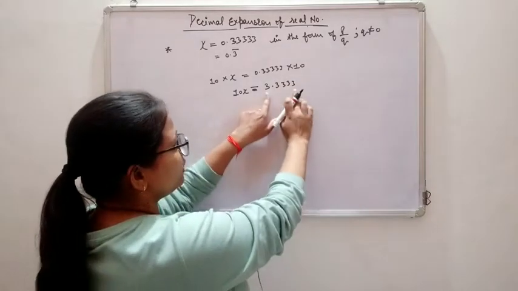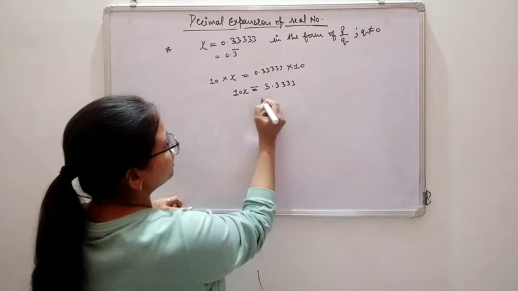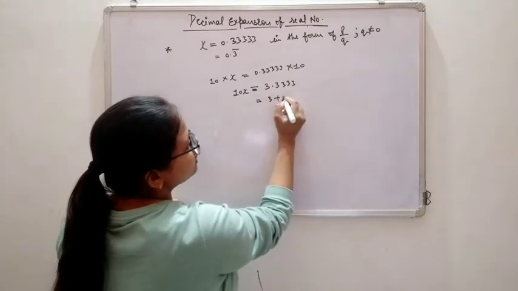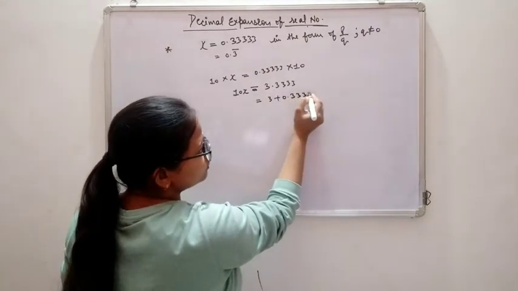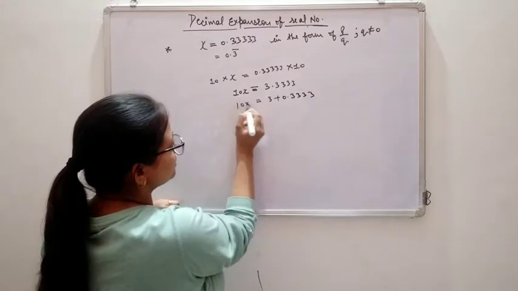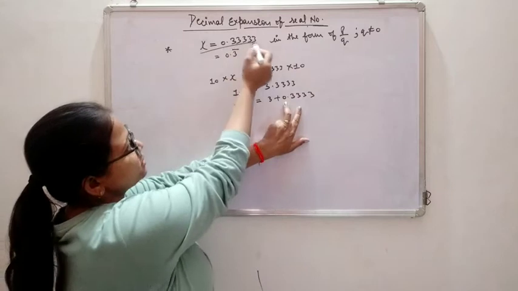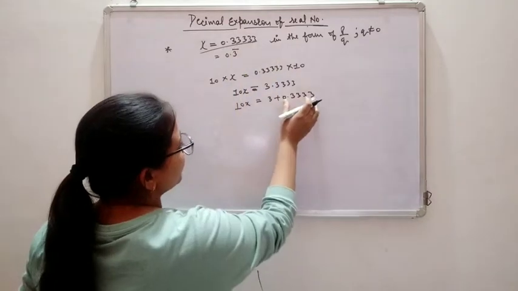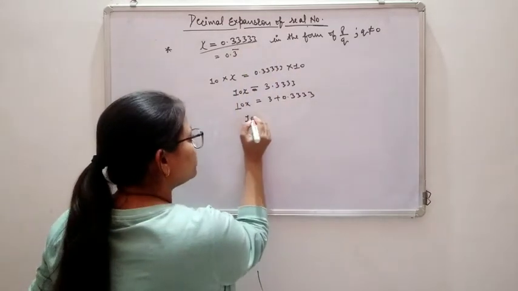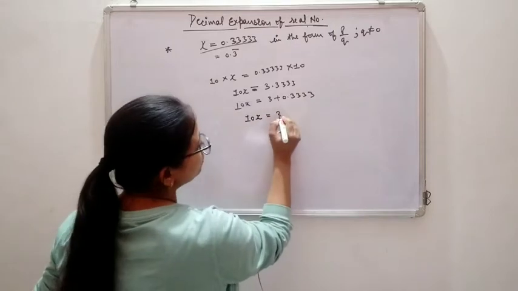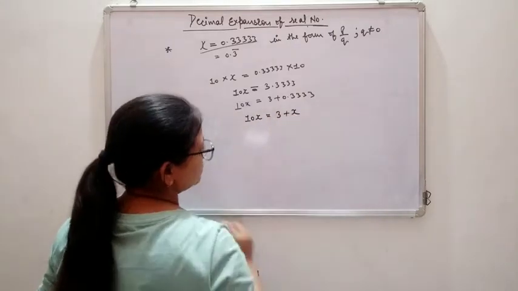Now if we break this 3.33 into 3 plus 0.3333, what is this 0.33? It is equal to x. So 10x equals 3 plus x.